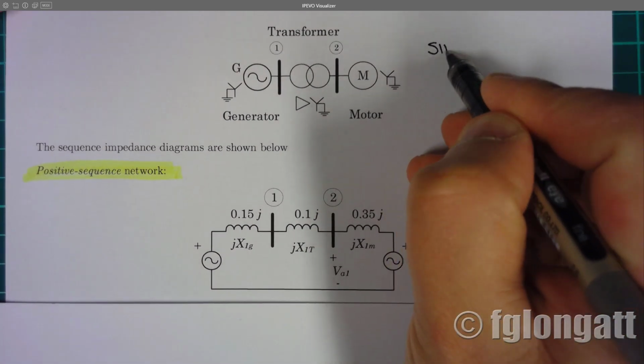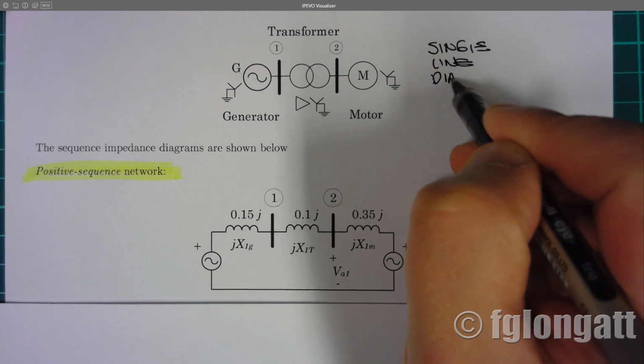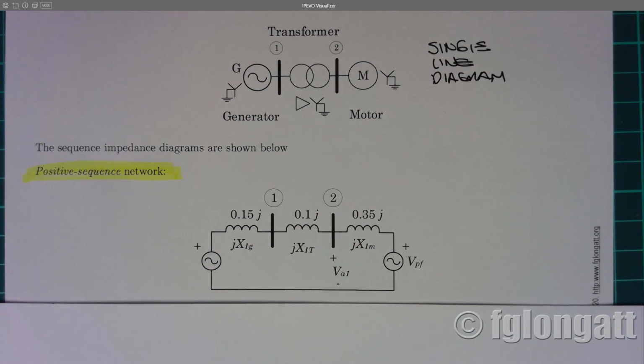The positive sequence network is derived from this single line diagram. You must remember this is the single line diagram, and the single line diagram is basically a drawing that gives you information about the power system components and the connectivity between them. It's a graphical representation.